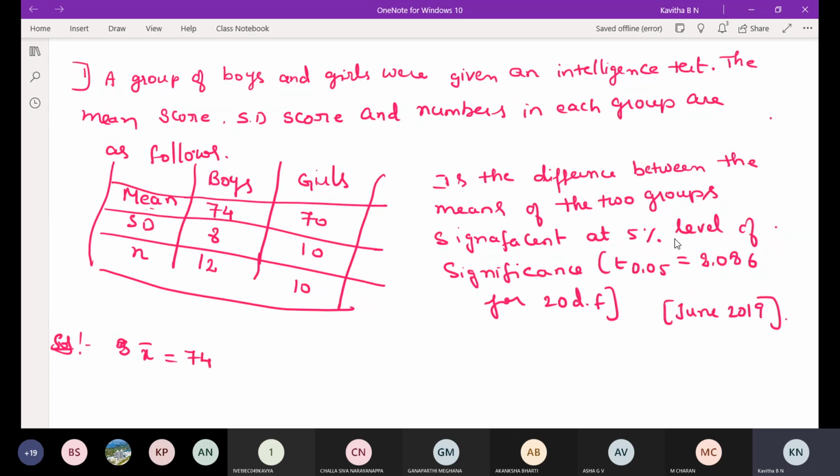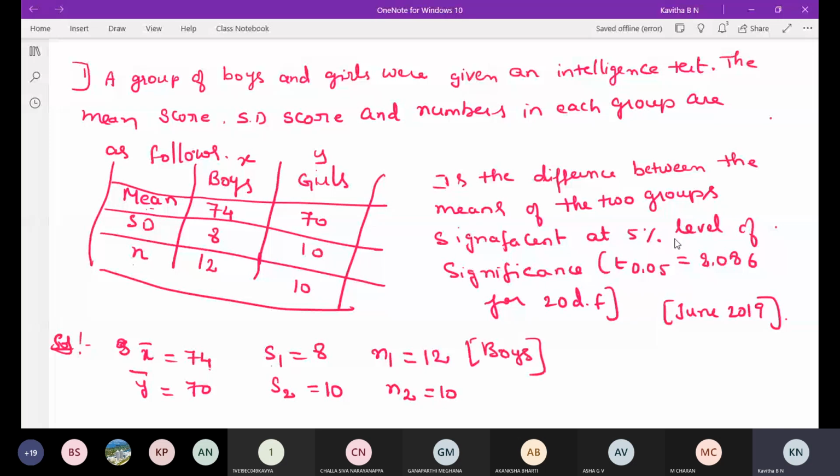Boys, they are considering X, girls they are taking Y. So x bar is equal to 74, s1 is equal to 8 and n1 is equal to 12. Next, y bar is equal to 70, s2 is equal to 10 and n2 is equal to 10. This is for boys and this is for girls.